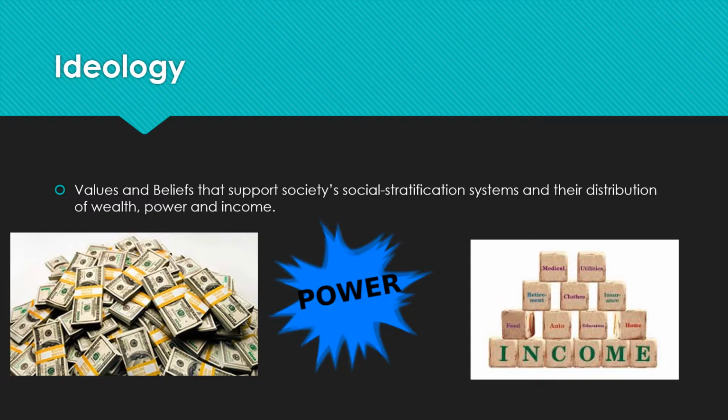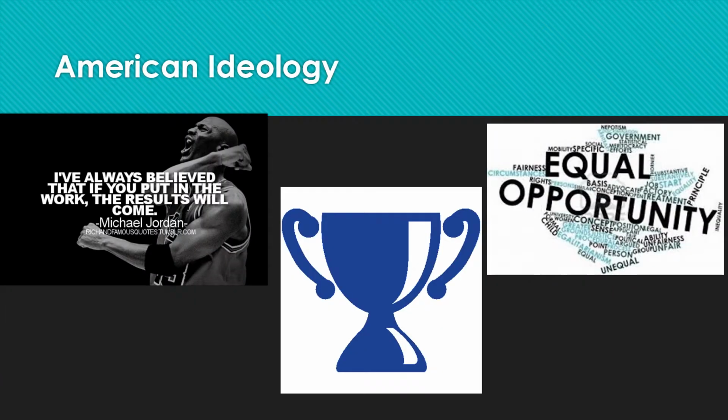Now, the American ideology emphasizes the centrality of individual achievement, equal opportunity, as well as the importance of hard work. And this is most often conveyed by politicians, business leaders, and media spokespersons. So this is really pushed upon people.